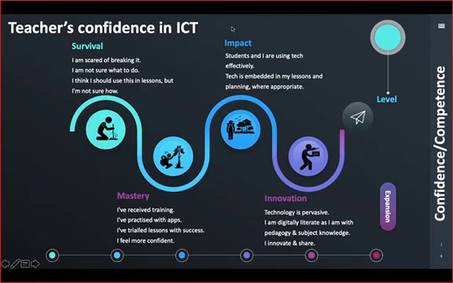Here I talk about the impact in general, not only over the teachers and not only over the expertise. The students and I are using the technology effectively. The technology is embedded in my lessons, in my lesson planning, and in my lessons where appropriate. So after the expertise, there comes the impact.